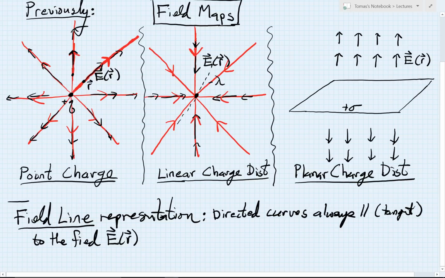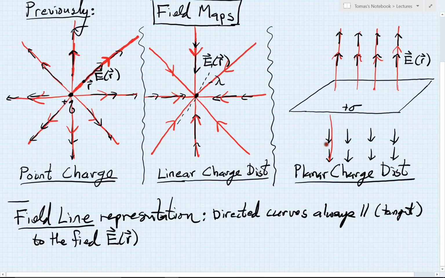Similarly, in the planar case, they would originate on the plane, and then extrapolate upwards, staying nice and parallel to the electric field always, like so. The one little shift here is that once I'm below the plate, the electric field actually points downward.